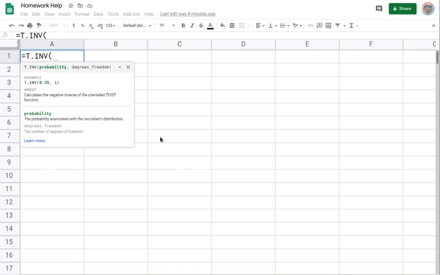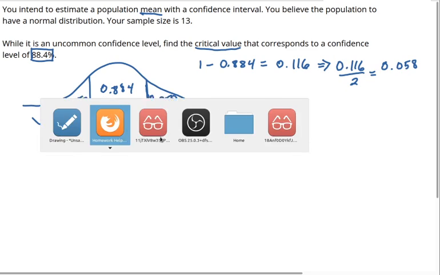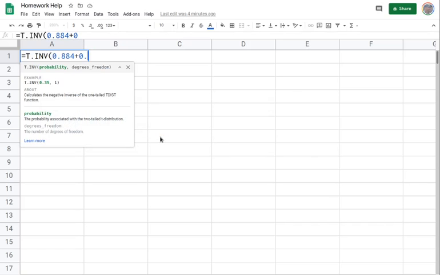If I don't actually want to do the addition, I can do the addition inside the function. So 0.884 plus 0.058, and that will be the probability it's looking for to the left of my critical value.